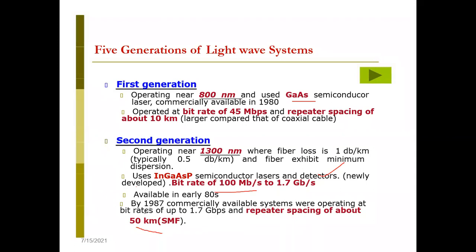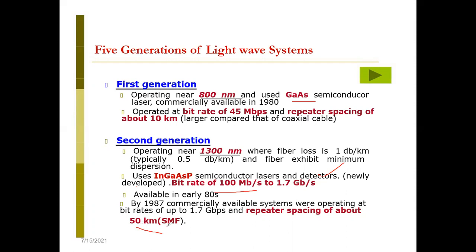Here it was 10, the repeater spacing increased to 50 kilometers, because our losses decreased. The dispersion effect decreased. So I did not require the signal to be regenerated again. What does a repeater do? It will again regenerate or reconstruct the signal. So I can increase the repeater spacing.